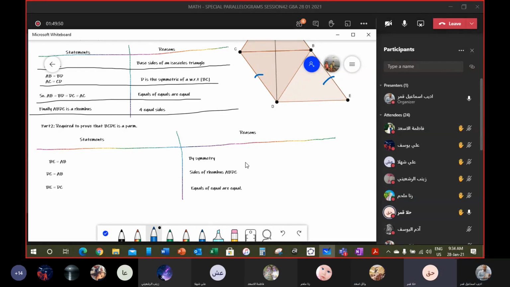Okay, continue. After you said BC equal DE, BC is the base of triangle ABC and ED is the base of triangle EBD. Then the quadrilateral is a parallelogram by the opposite sides are parallel and equal. No, by the two pairs are equal, meaning each side opposite to the other are equal. Okay, by both pairs of sides are equal.